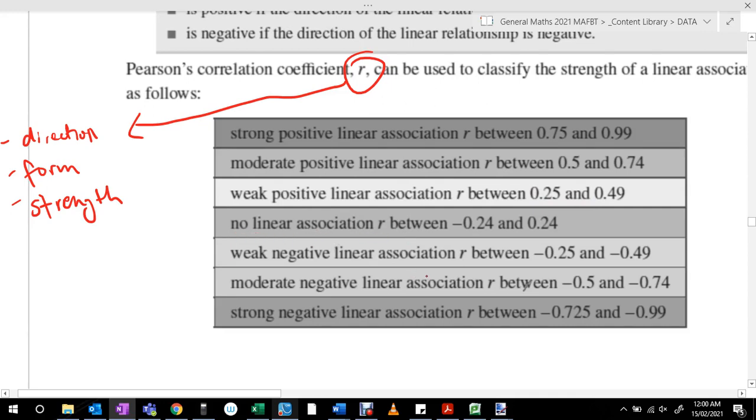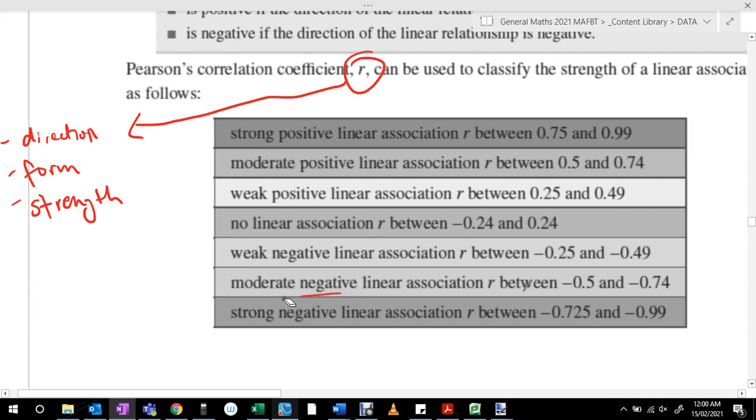And similarly, if your R value is between -0.25 and -0.49, it's weak, negative, linear. So remember, if it's a negative number, it's going to be going downwards. So it's a weak, negative sort of direction. If it's between -0.5 and -0.74, it's moderate, negative, linear.